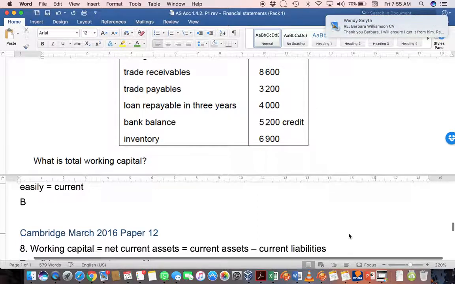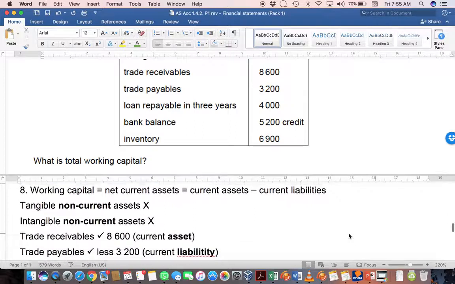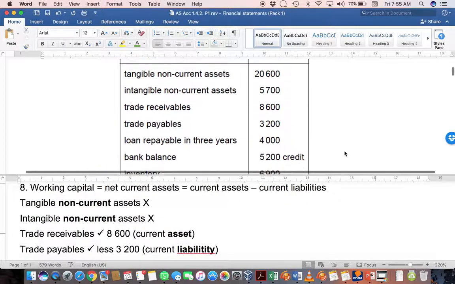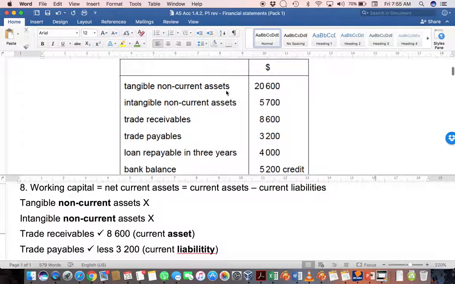So let's go and have a look now and see what items or what options would actually be suitable over here. From the top, the tangible non-current assets, the term non-current, certainly we don't want it, and the same for intangibles. Both of those are non-current, and so therefore they will not be options. Trade receivables is a current asset, so we'll use it.